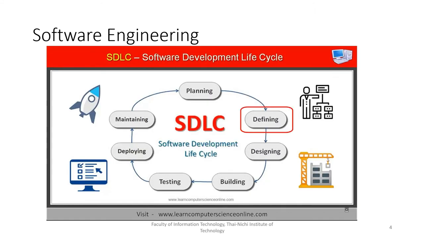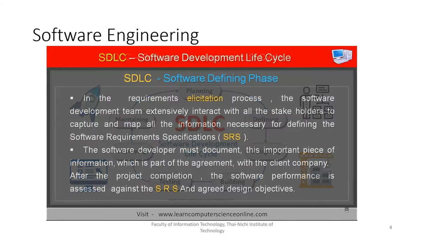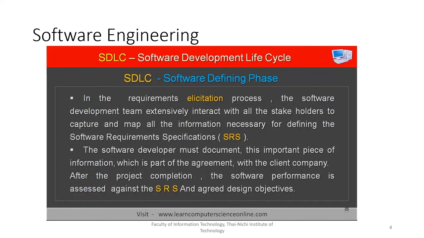The next phase in the software development process is referred to as defining the software requirements. This process is also alternately referred to as requirement solicitation. In the requirement solicitation process, the software development team extensively interacts with all the stakeholders to capture and map all the information necessary for defining the software requirements specifications.